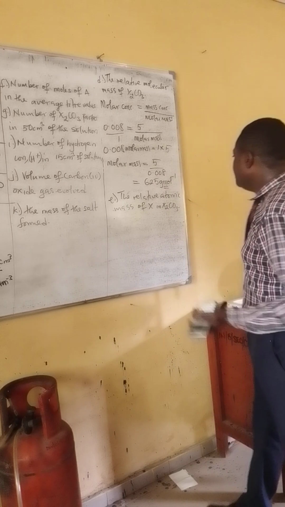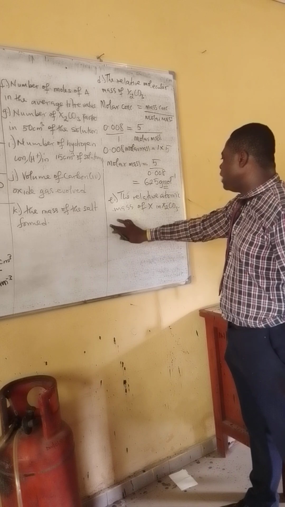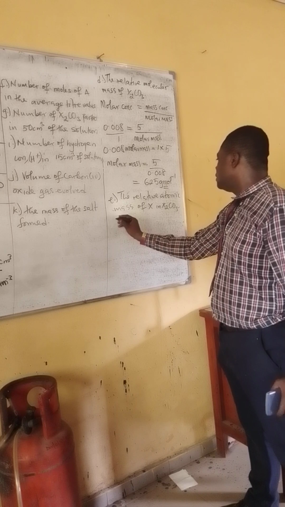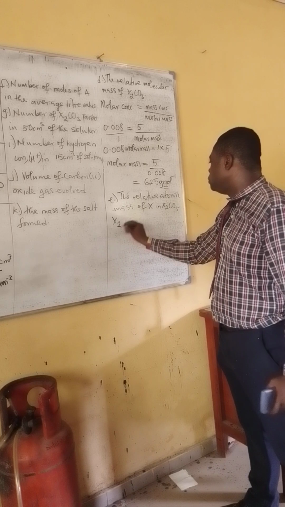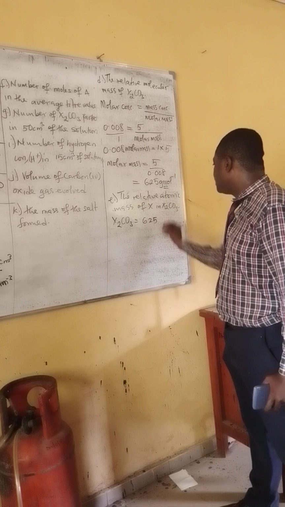Now, since the molar mass of the whole compound has been found, we equate the molar mass of X2CO3 to 625 grams per mole.